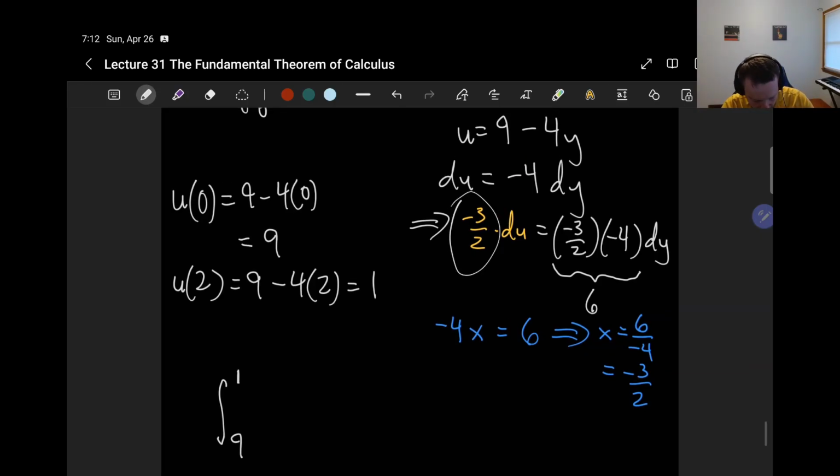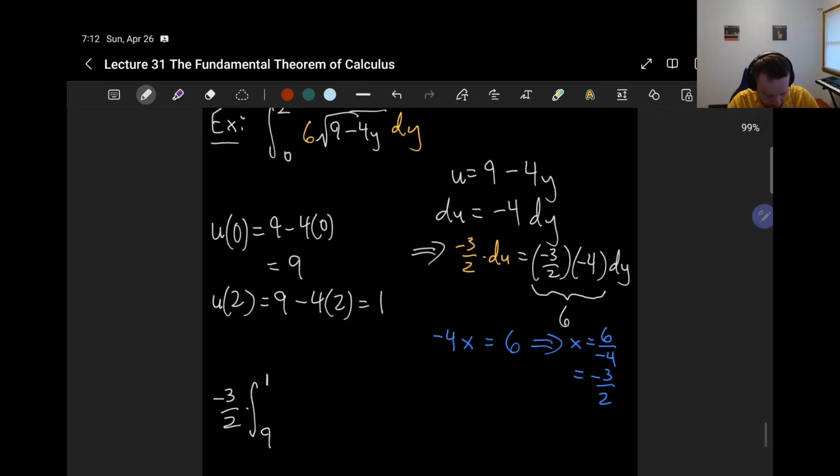Remember, we're picking up a factor of negative 3 halves, so I'll go ahead and throw that out front. That basically accounts for the 6. Square root of u du.